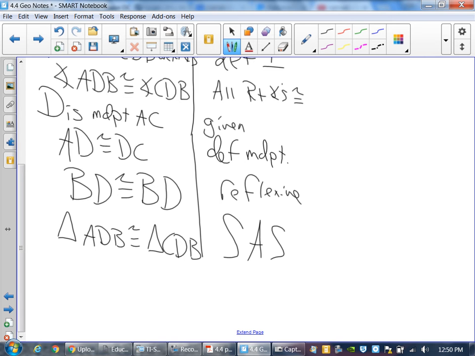Yes, ma'am. So you filled in the right angles because of the perpendicular, right? Okay. Yep. Let's do one more. Can I go to a clean one here? I didn't want to get ahead of you.